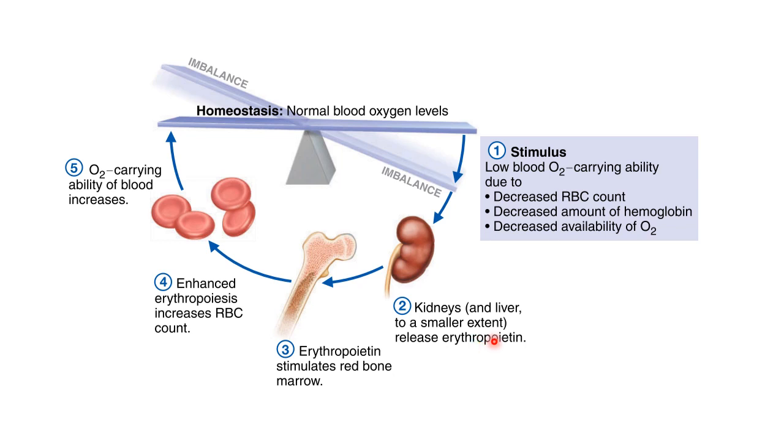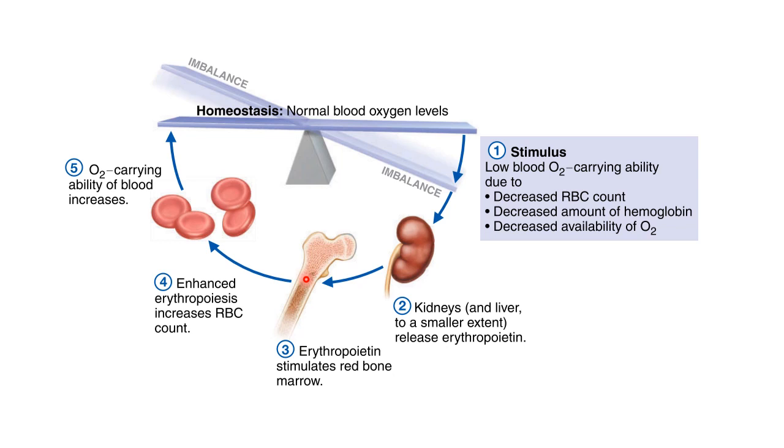Okay? Again, let's go back. The kidney senses that low oxygen levels are present. And so it will release erythropoietin into the blood. And what will happen? The erythropoietin in the blood circulates throughout the body and goes into the bone marrow, the marrow of our bones where red blood cells and other blood cells are formed.